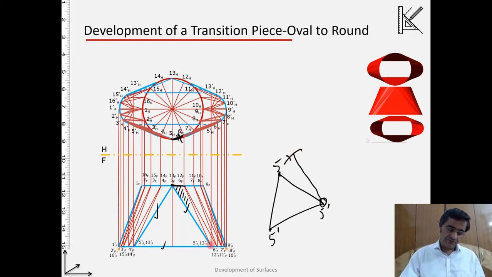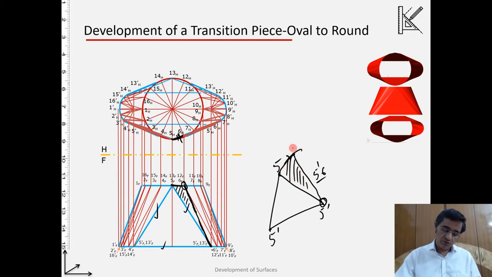So 5 dash 6, this length. I should know the true length for this. Then from 5 dash I can take an arc to get this point. So here this length is 5 dash 6, and where they cut I get the point, and then I can show the triangle.